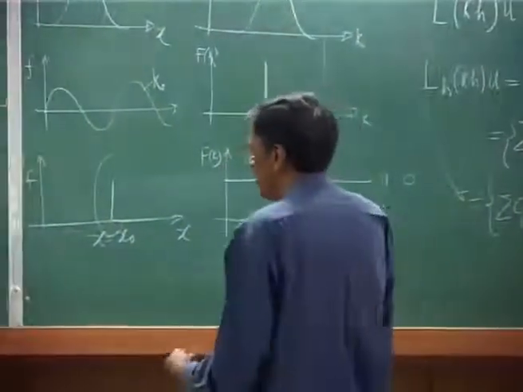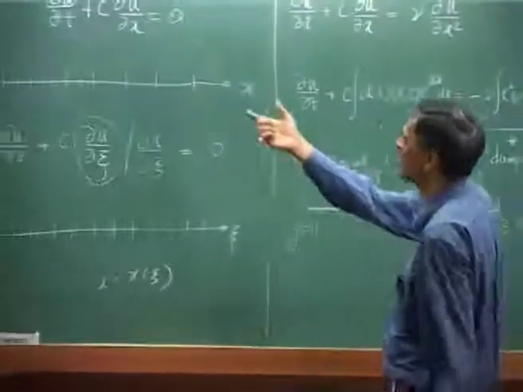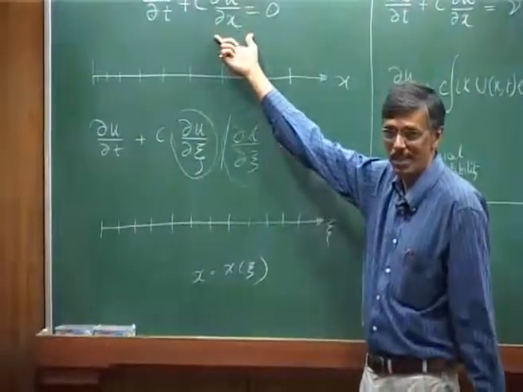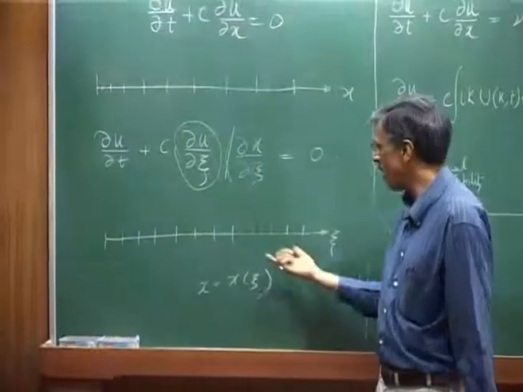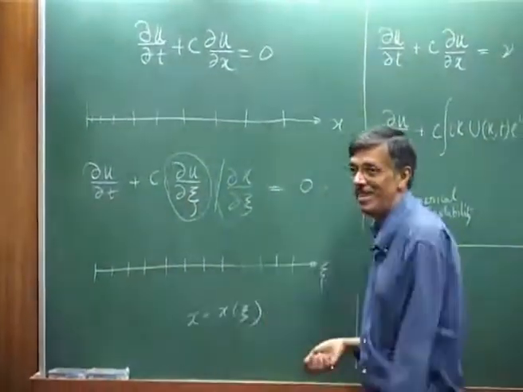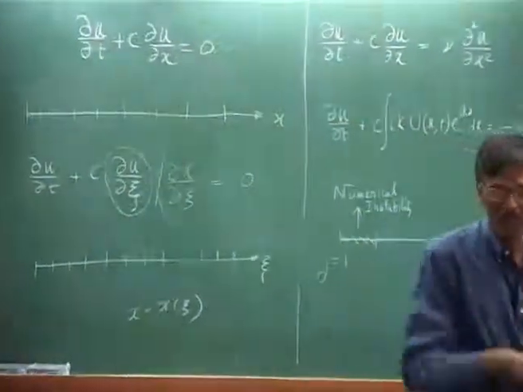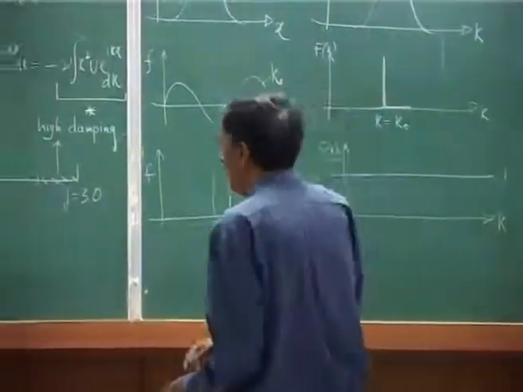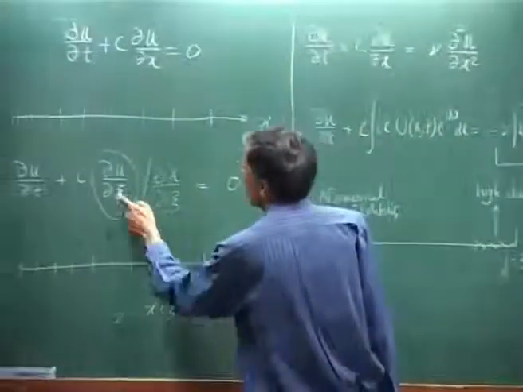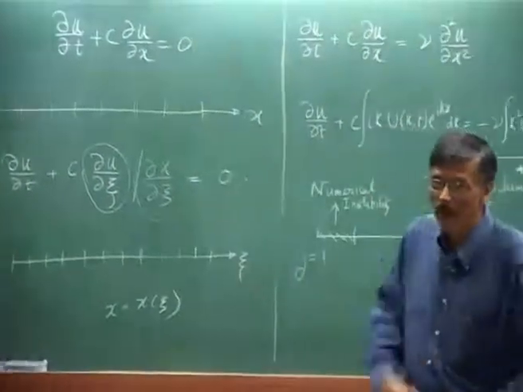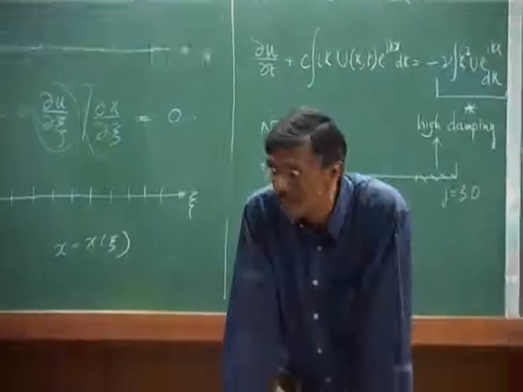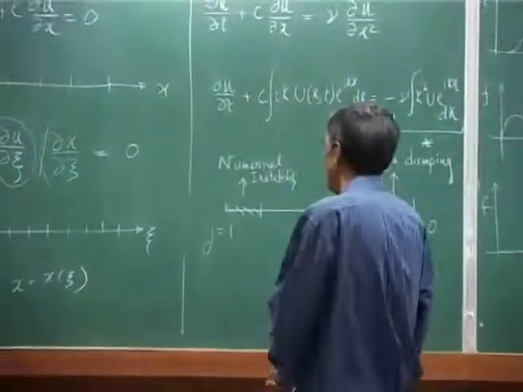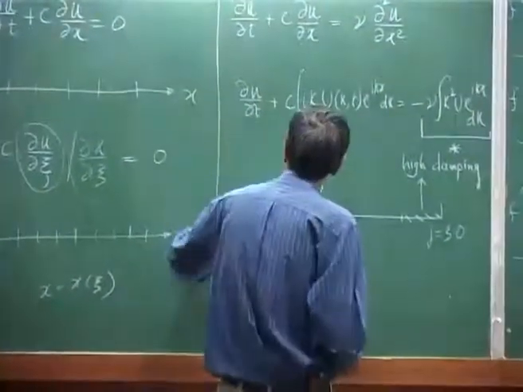This was a sort of a linear term, right? But what has happened now? It has become a product of two functions, and both are dependent on xi. How do we represent it in the K space?